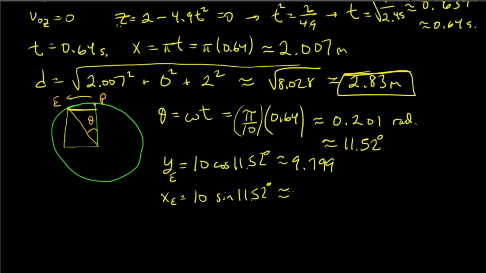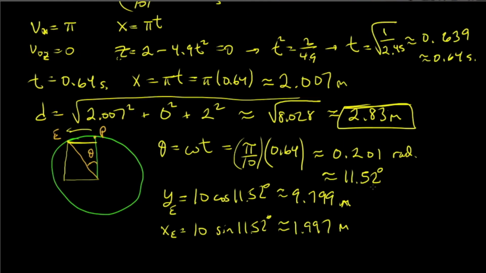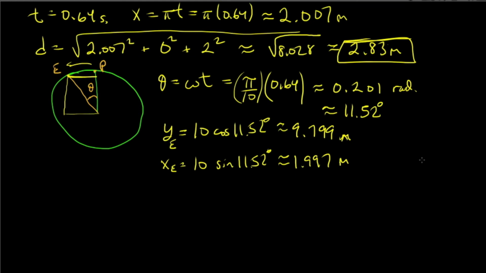And then sine of 11.52 degrees is 1.997. Again, these are in meters. Everything's in meters here. So those are the coordinates of Emily: 1.997, 9.799, and again, 2 meters above the ground.